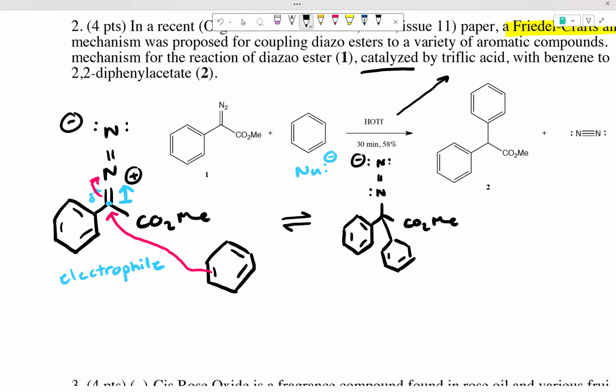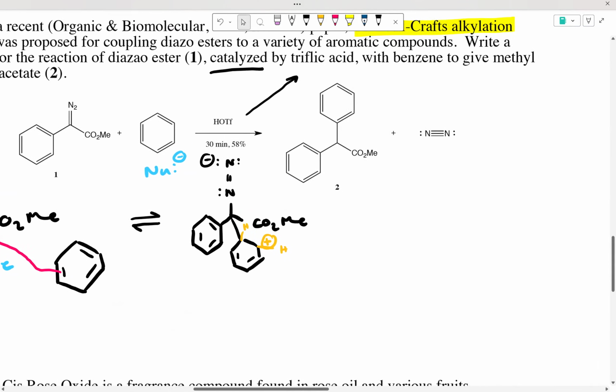Now, when this benzene attacked the electrophile, it lost the pi bond, right? So that means there's going to be a positive charge on the nucleophile region, where this carbon only has three things bonded to it. You can see here, there's going to be an H here. There's going to be an H here. But then this carbon only has three things bonded to it, so it's a net positive charge.